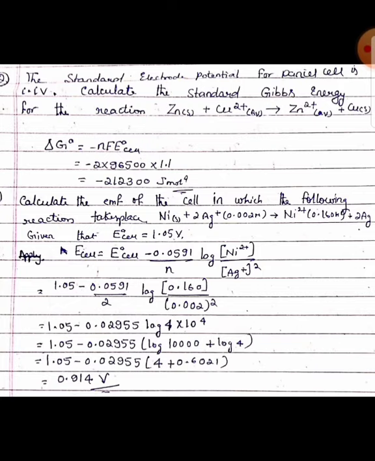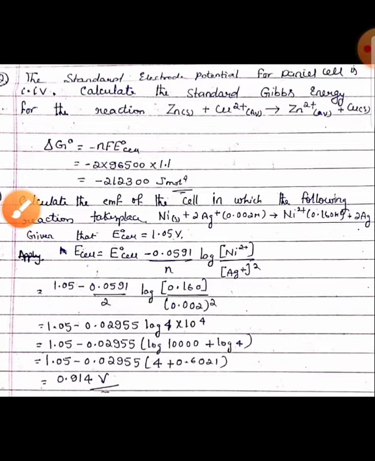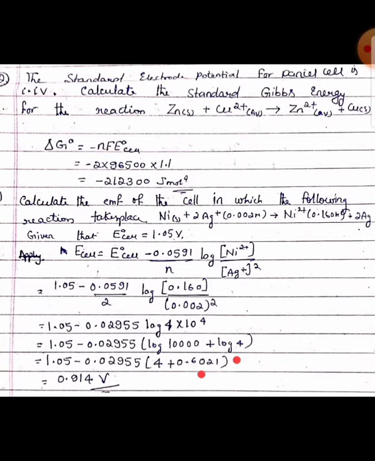So log 10 to the power of 4, we can write it as log 10,000 plus log 4. Here log 10,000 we can write as 4, and log 4 value is 0.6021. So we'll calculate, we'll get 0.914 volts.